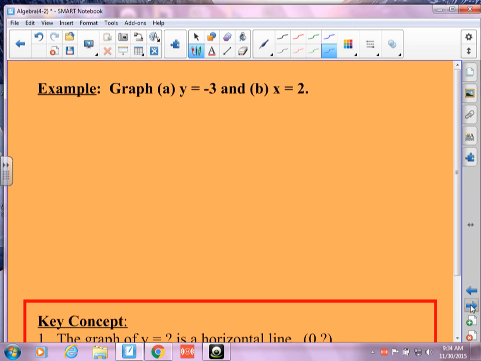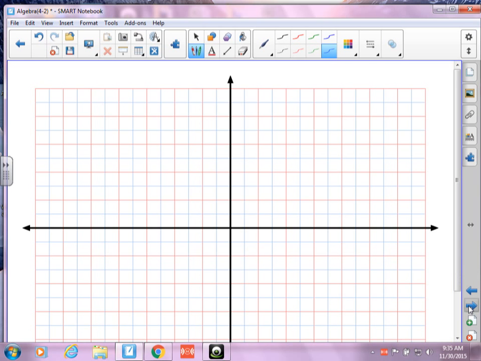We had these. What was the trick on these equations? So if I get y equals -3, what was the trick that I told you to do? Yes. Very good. He's right. So I'd find -3 on my y-axis, I'd put a dot, and then I draw my line, right? It's a horizontal line.